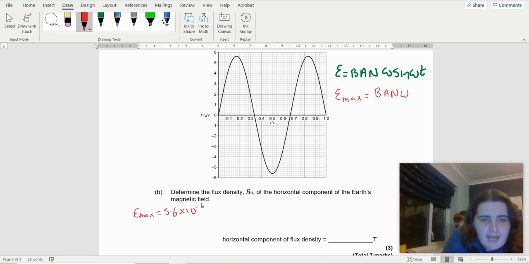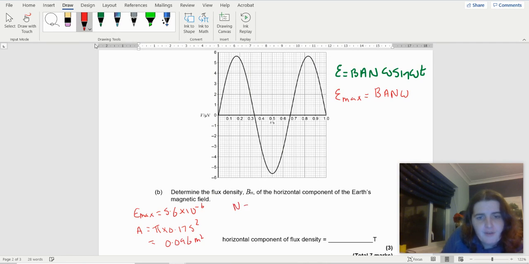My area is a circle with a diameter of 35 centimeters, so its radius, 0.35 divided by 2, is 0.175. So that's going to be pi times 0.175 squared, and that's going to be 0.096.